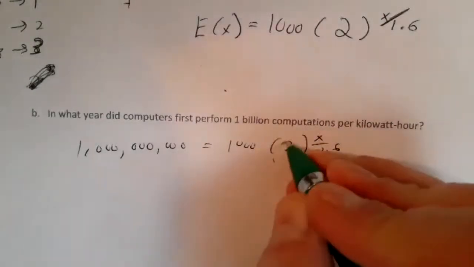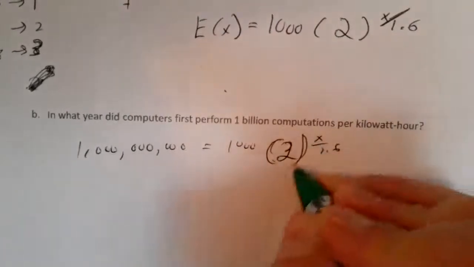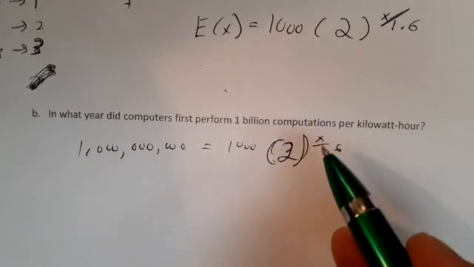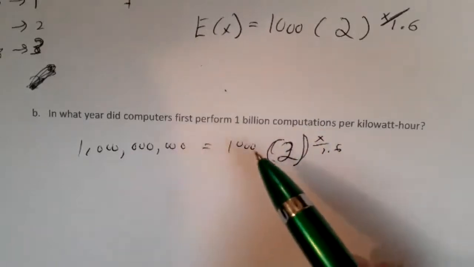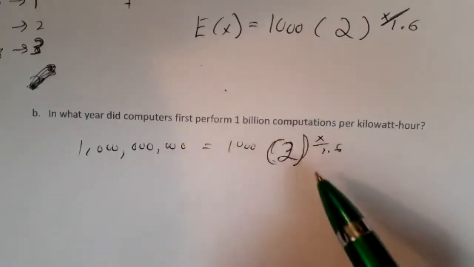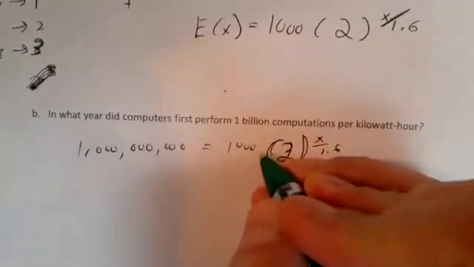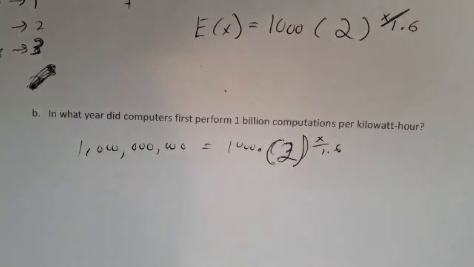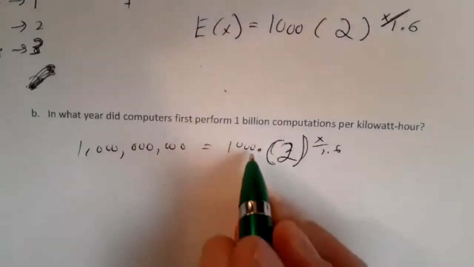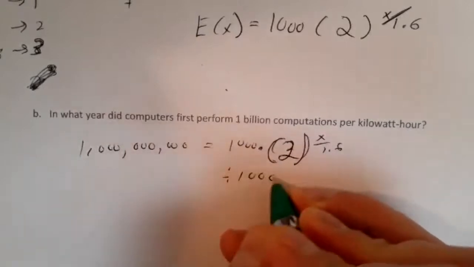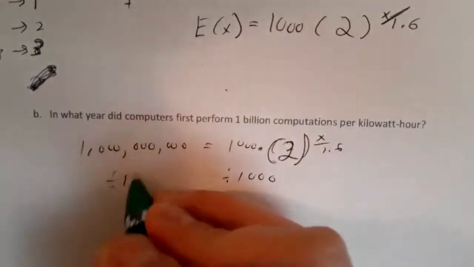And this x is in the exponent of a base 2. And so both of these things are in the exponent. So this is 1,000 times this crazy exponent thing. This is a multiplication operation. And so if we want to get rid of this thing and get the exponent by itself, we have to divide by 1,000.